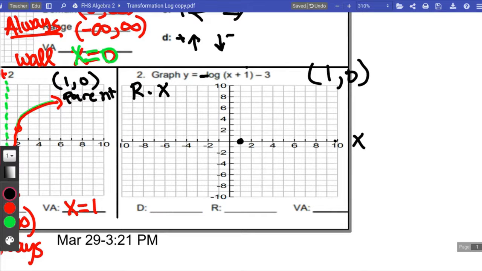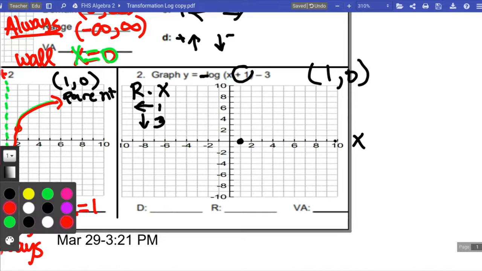After that, we move it left 1, and then down 3. The next thing is to reflect this over the x-axis. You flip it over this line. If you flip your black point over this red line, it will still land right where it started.